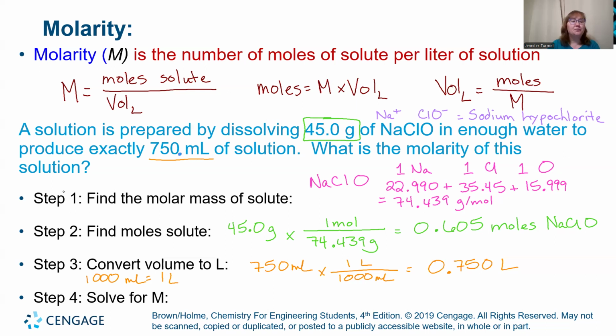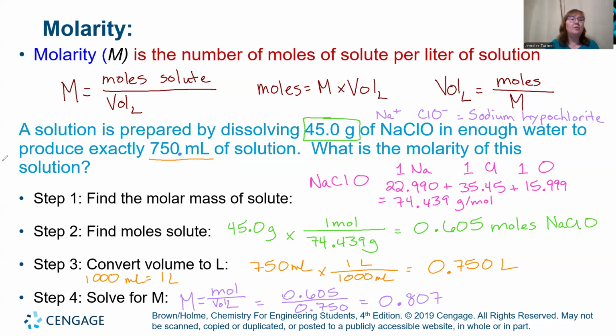Now, last, we're going to be solving for molarity. Remember, molarity is equal to moles divided by liters, or our volume in liters, as people sometimes say. So we have 0.605 divided by 0.750. Now that I've given both of them three significant figures, that becomes 0.807.